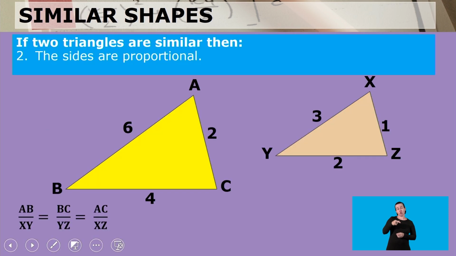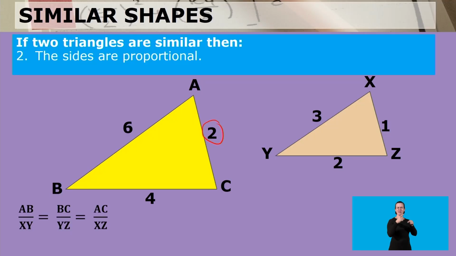Another condition of similarity is if 2 triangles are similar, then the sides are proportional. Proportional means that the ratio of the sides is the same. Let me make you an example. I've got triangle ABC and triangle XYZ. Looking at the 2 triangles, you would see that AC has 2 units.